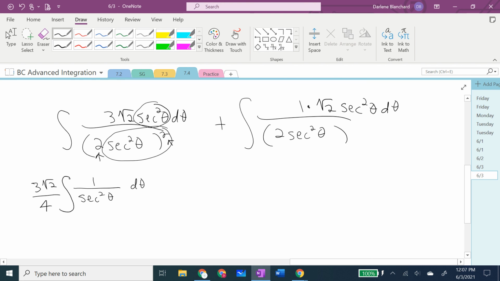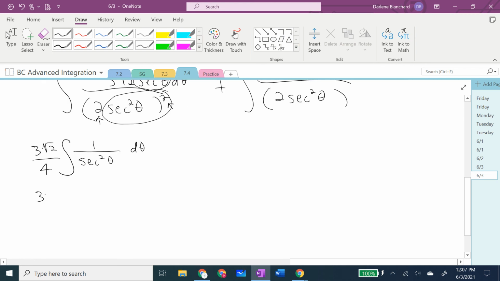And who is secant's reciprocal? We're going to come back to that trig integral.